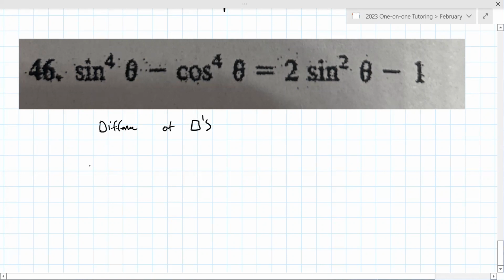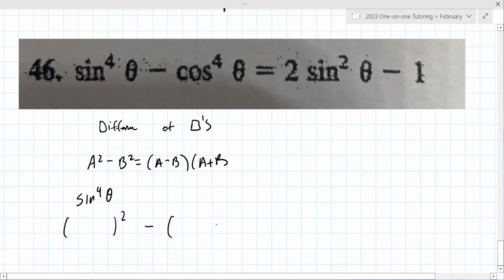That formula is a squared minus b squared equals a minus b, a plus b. But what you have to figure out is what are you squaring to get back to sine to the power 4th theta? And then what are you squaring to get back to cosine to the power of 4th theta?